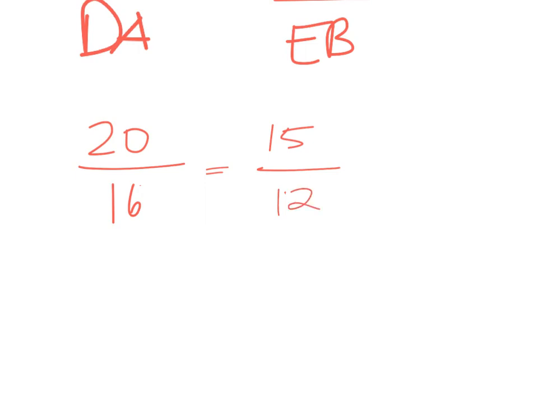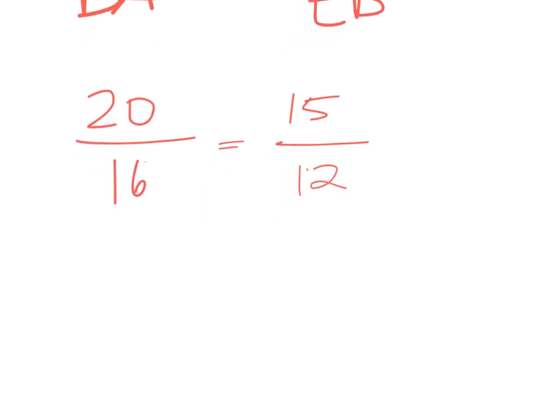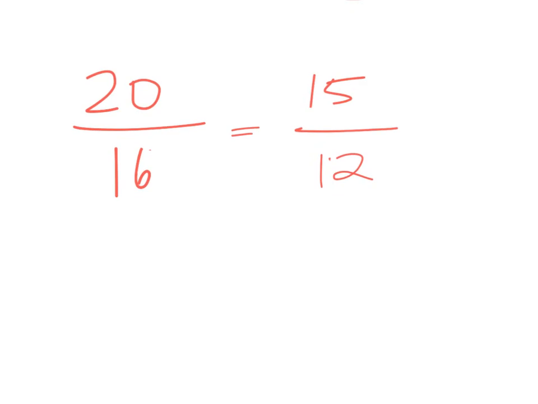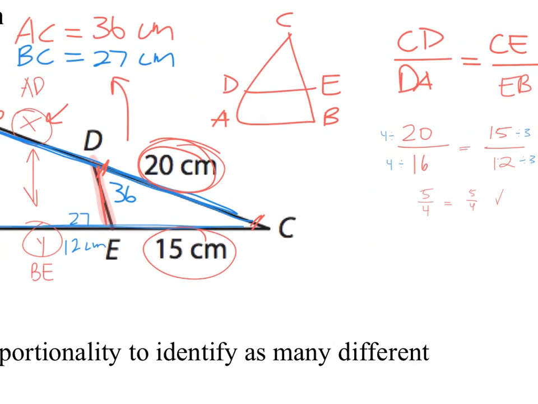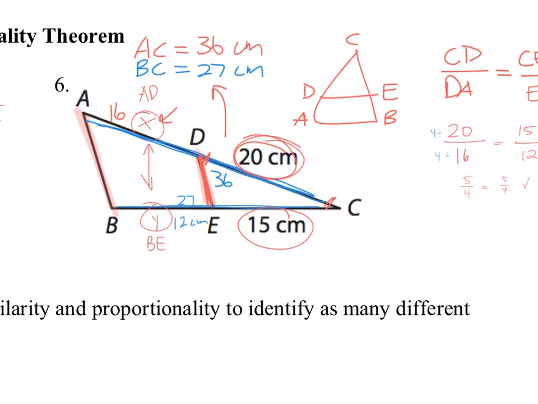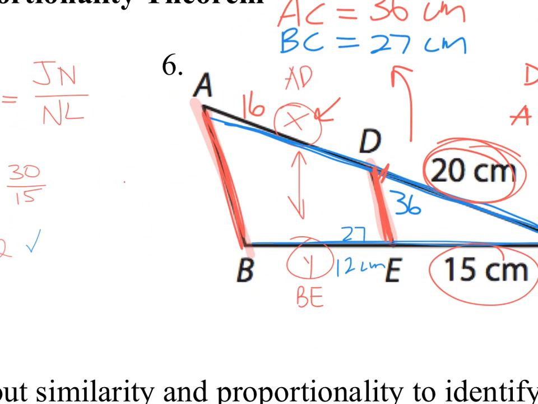And so if we reduce both fractions on the right side, we can divide by 4, and that'll give us 5 over 4. And on the right side, we can divide both by 3, and again get 5 over 4. And so since both of those are good, we can then say that our line DE is in fact parallel to AB. So DE is parallel to AB.